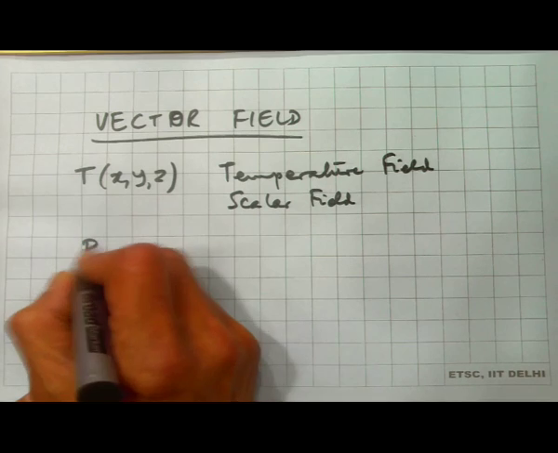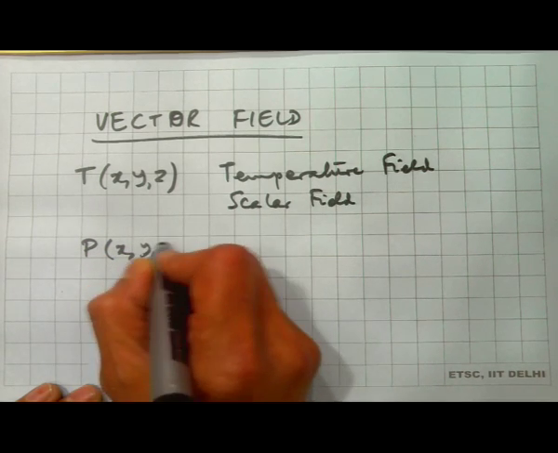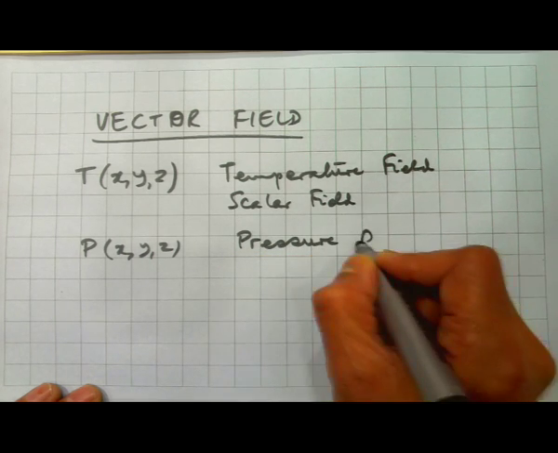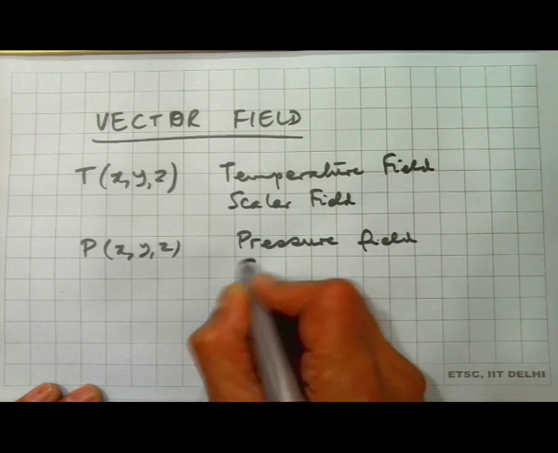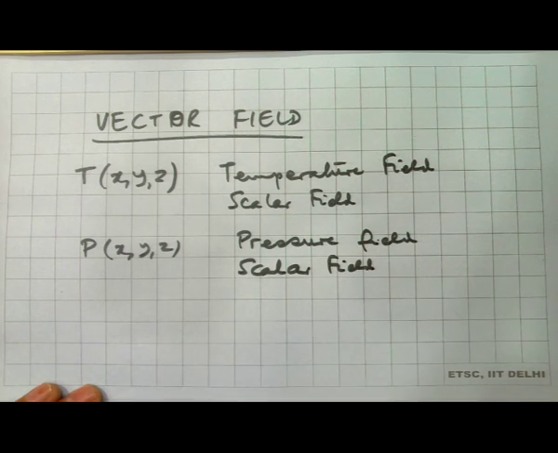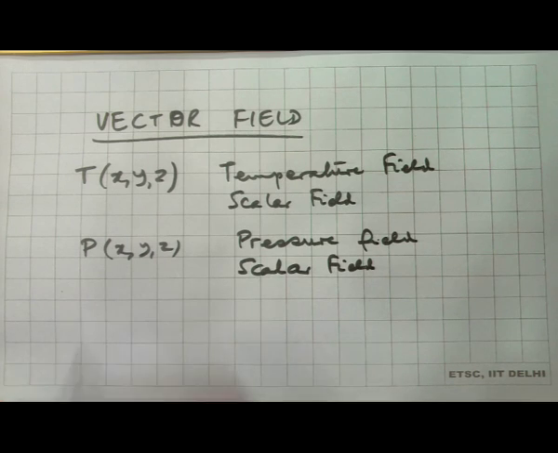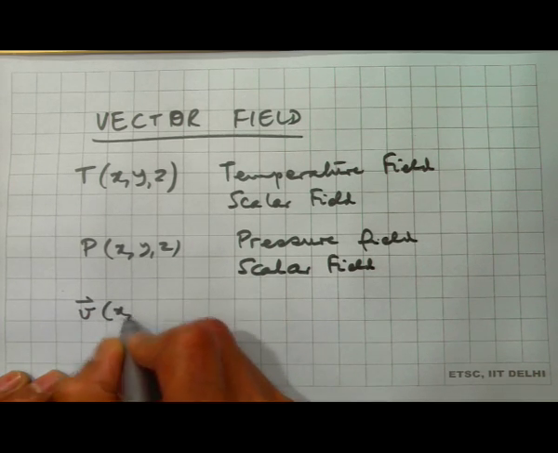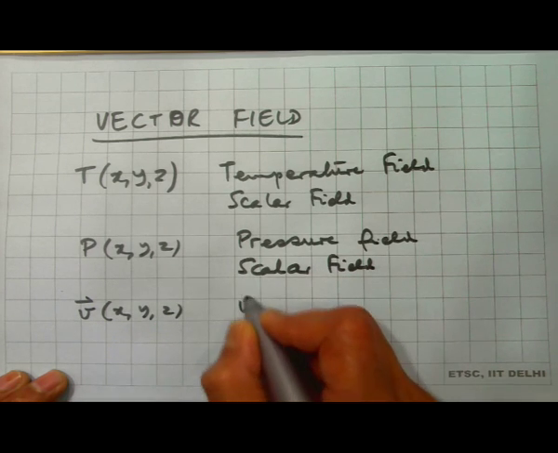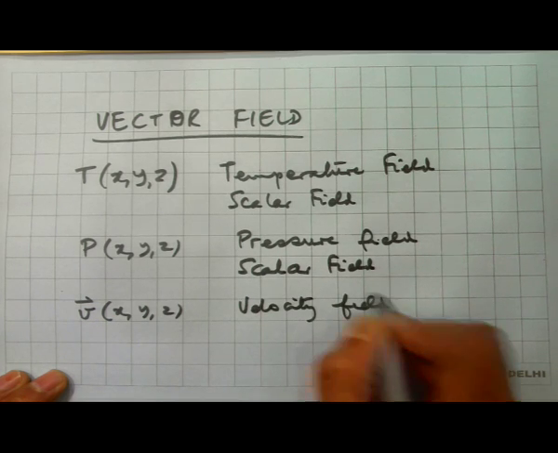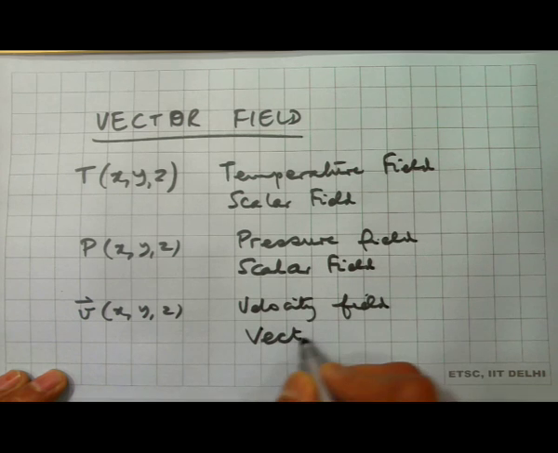Similarly, I can describe pressure as a function of position. This is called the pressure field. It is again a scalar field. I can describe, suppose for example, I take water flowing in a river, I can describe a velocity field, which is an example of a vector field.